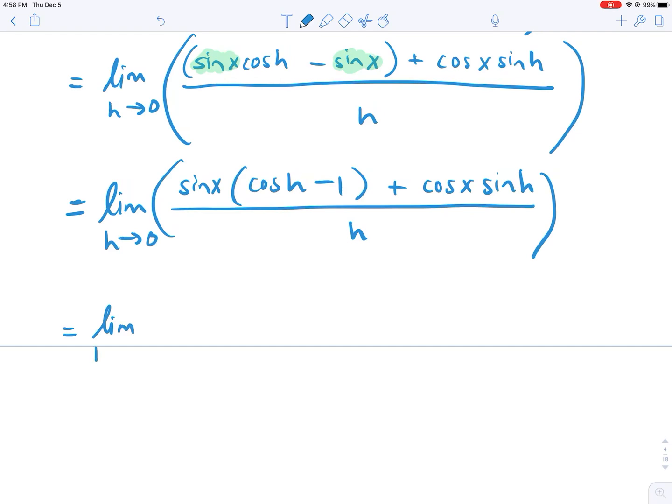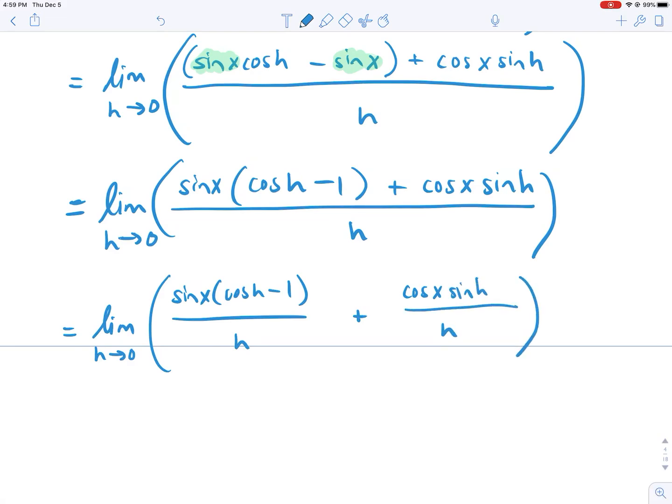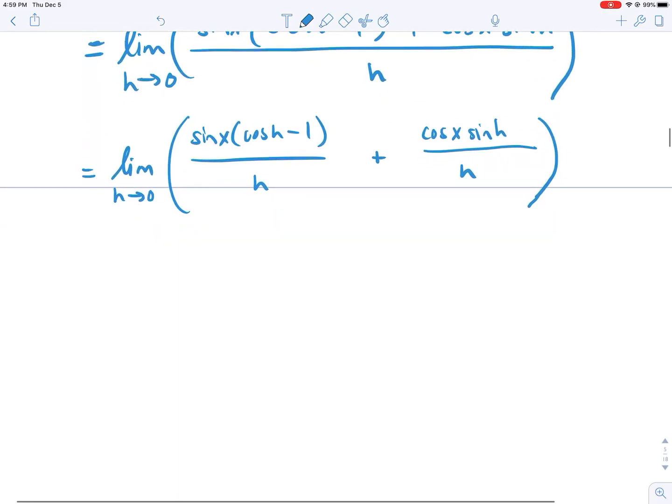So we'll have the limit as h approaches 0 of sine of x times cosine of h minus 1 over h plus the cosine of x times the sine of h all over h. And now I'm going to apply a limit property that you guys are familiar with. So since we're taking the limit of a sum, that is equal to the limit of each part of the sum.